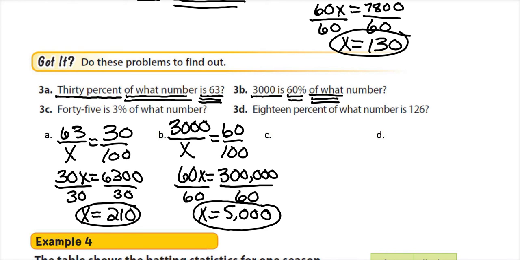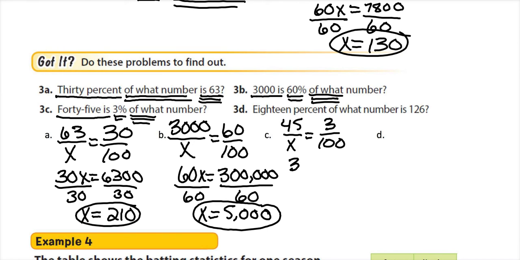It says 45 is 3% of what number? So 45 is 3%, and then of what? Okay, so is over of equals percent over 100. Is 45. Over of, which is x, equals percent over 100. Okay, this actually is going to be fairly easy math this time.